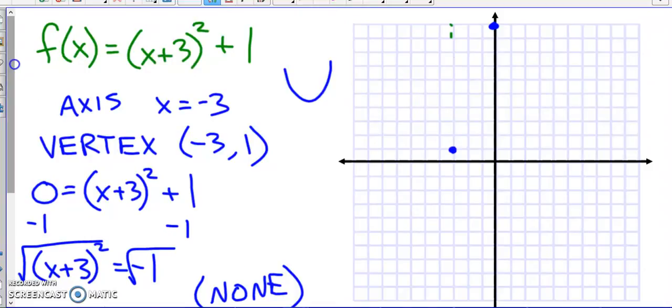Notice that the axis of symmetry is right here. I'll make it permanent this time instead of disappearing. So if I put the mirror image of the y-intercept, that would be over here. So now I just connect this with a smooth curve.